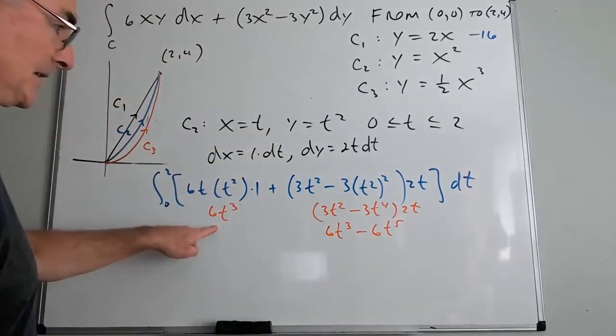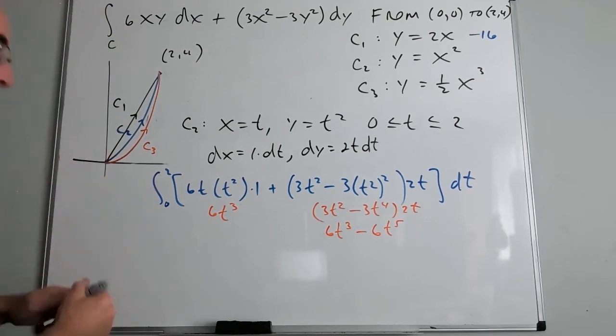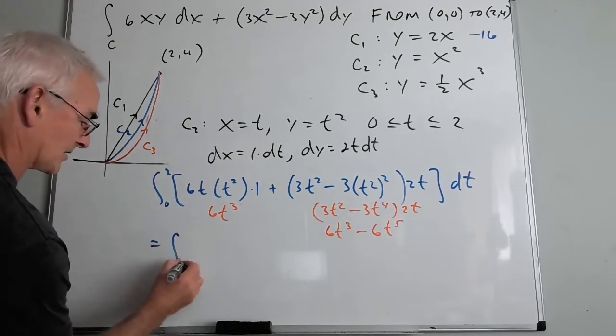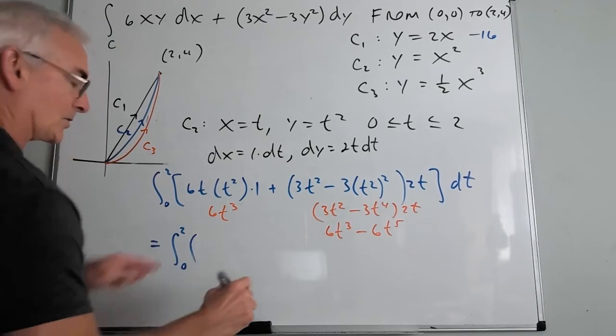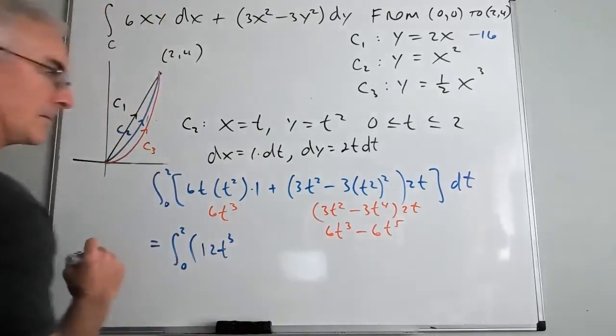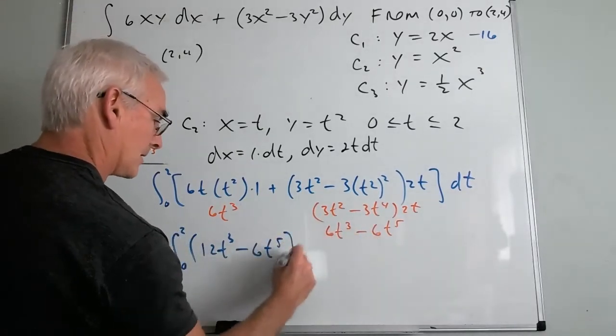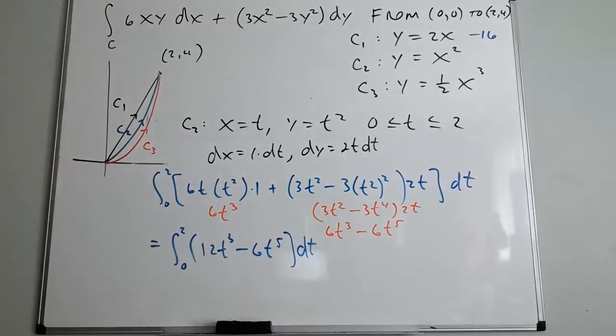And I'm adding it to this. So obviously this integral is completely different than the last one. It doesn't even look similar. So I have 6t cubed plus 6t cubed minus 6t to the 5th. Beautiful.